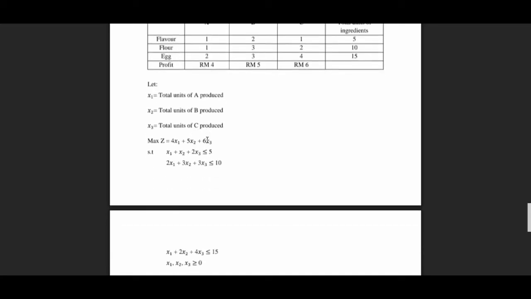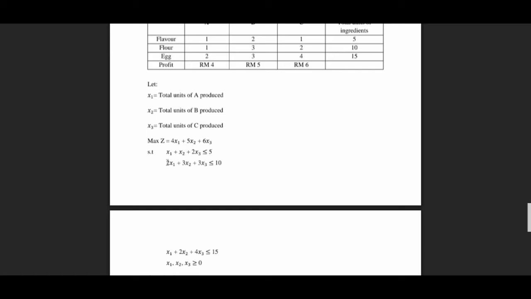And for the optimization model, maximize Z equal to 4x1 plus 5x2 plus 6x3, subject to x1 plus x2 plus 2x3 smaller than or equal to 5.